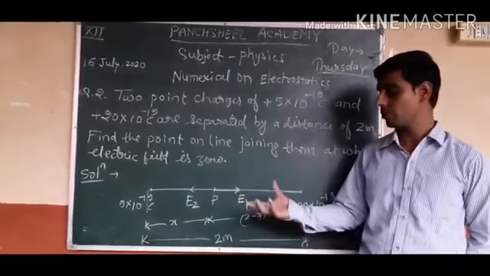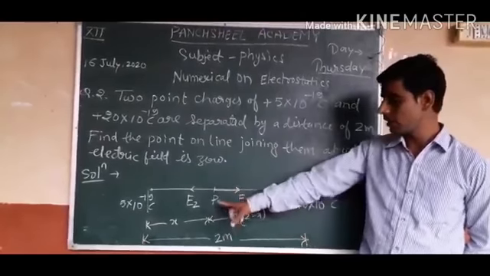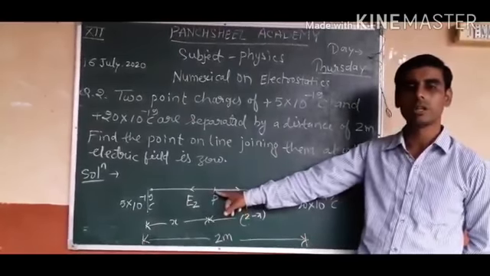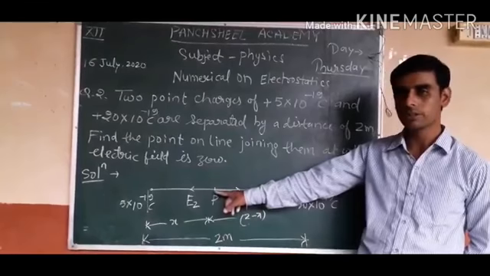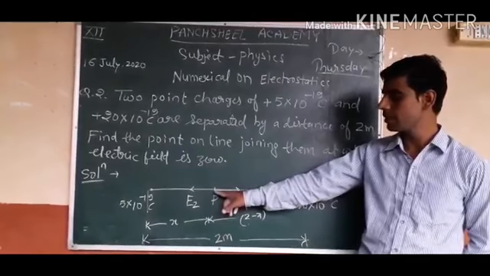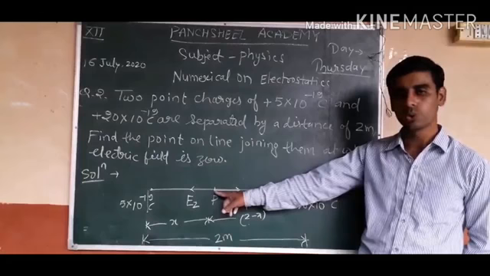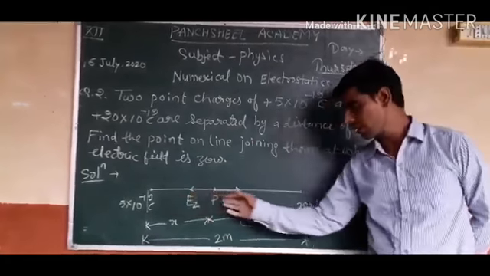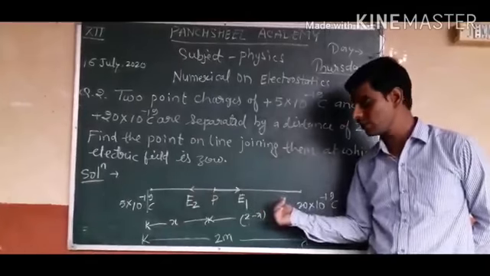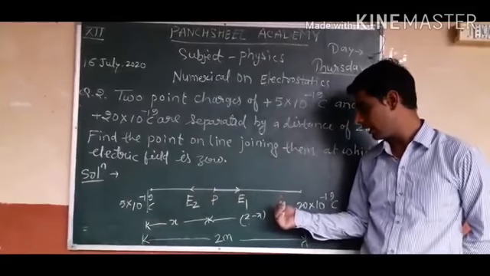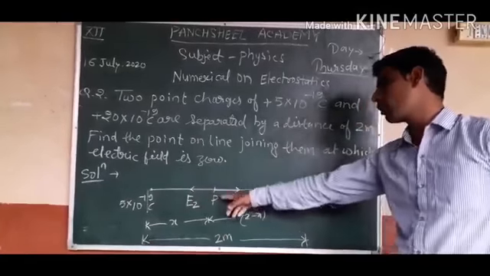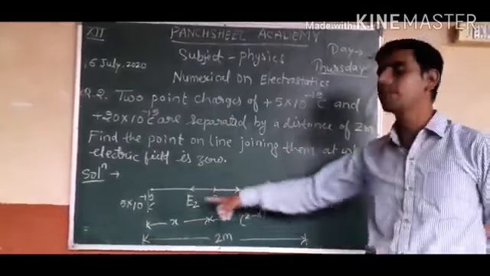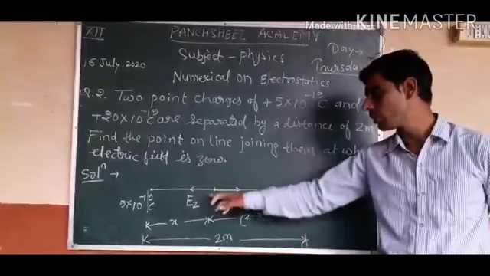So suppose I take point P here. At this point the electric field due to this charge is in this direction because of repulsion, and the electric field at point P due to this charge is in this direction, that is E2.